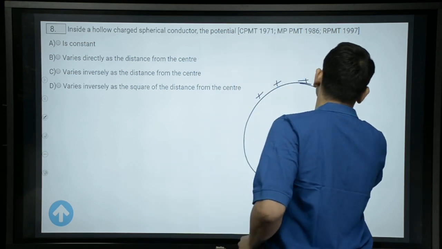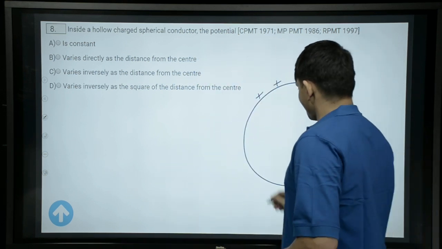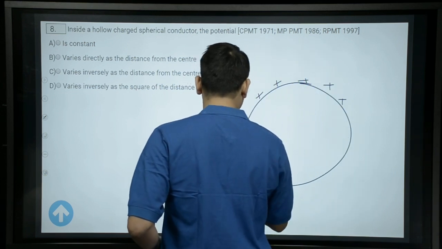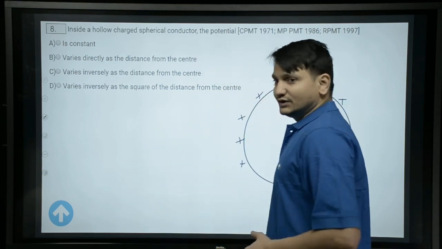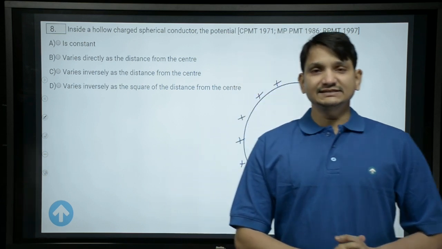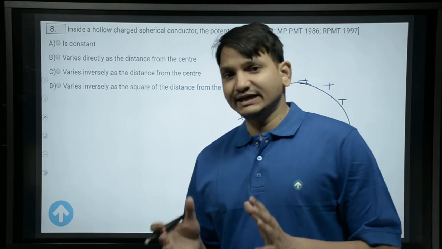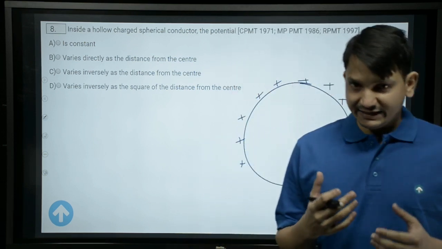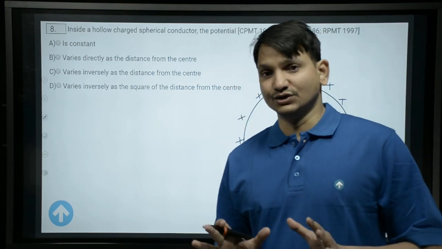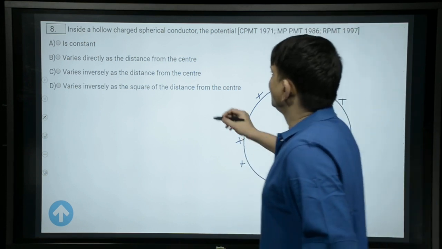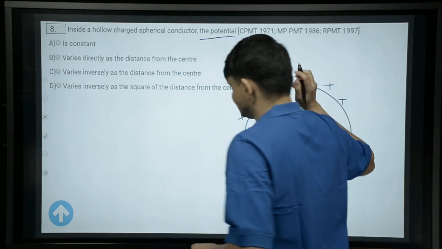So this is a hollow sphere, right? We know that inside any hollow sphere, the electrostatic field or the intensity is always zero. But what about the potential?